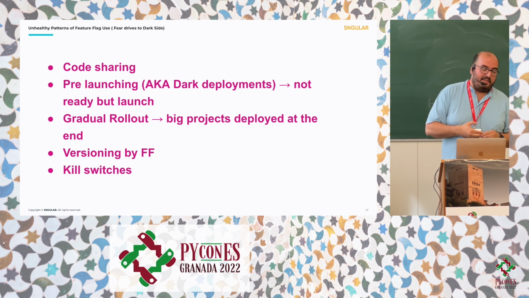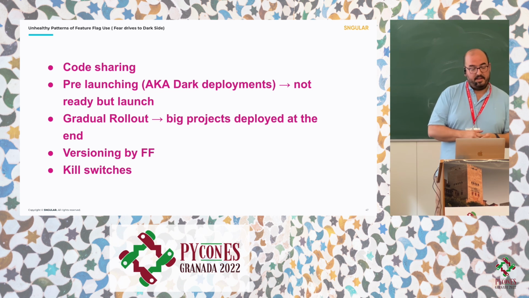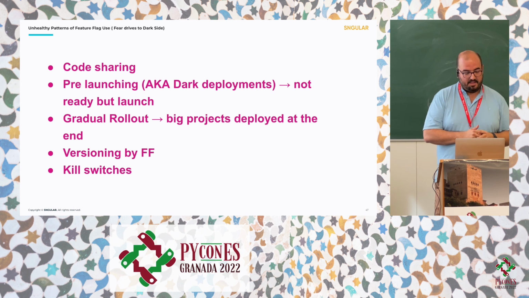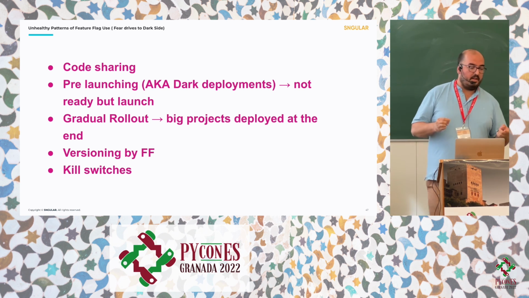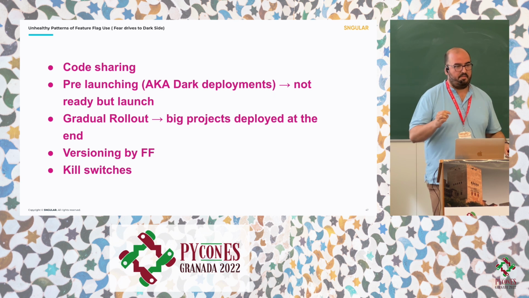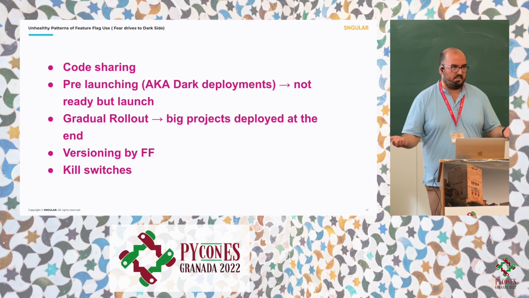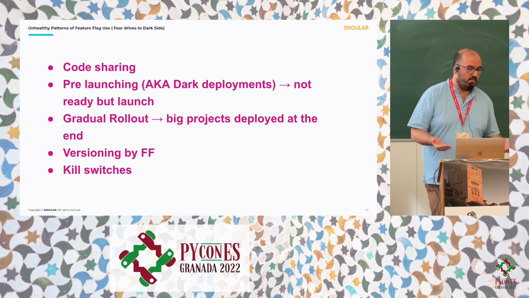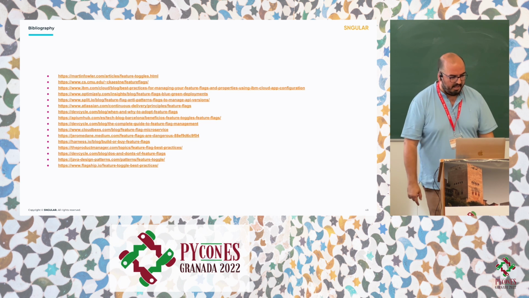Related to testing in production, sending to production something that is not ready, deploying everything at the end, the versioning of APIs I told, and the kill switches. We know we can switch off a feature flag in production, but don't rely on that. Try to avoid it. It's like a panic button, and nobody wants to press a panic button every day.